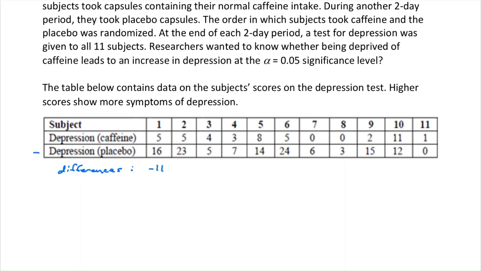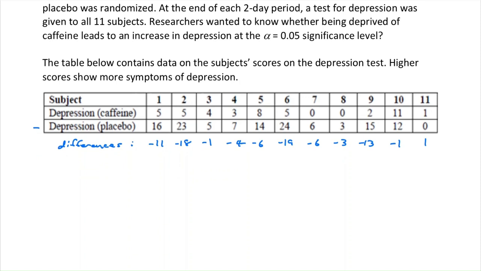So we're going to go negative 11, negative 18, negative 1, negative 4, negative 6, negative 19, negative 6, negative 3, negative 13, negative 1, and the last person coming out actually on the other end at positive 1.